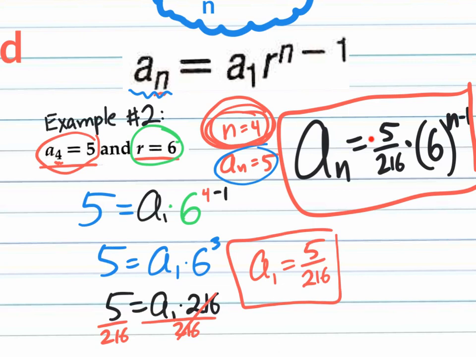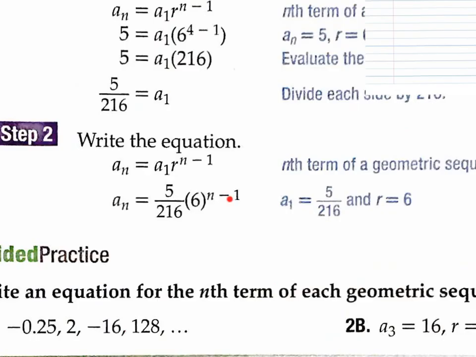So you really have this fraction, 5 over 216 times 216. The 216s cancel out. Your answer is 5. And that makes total sense because when you plug in a 4, we got out 5. So you could be comfortable about your a sub nth rule that you came up with. And there's the work shown in the book. It's the same exact a sub nth rule that we got, 5 over 216 times 6 to the power of n minus 1.